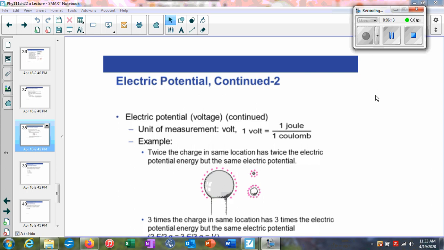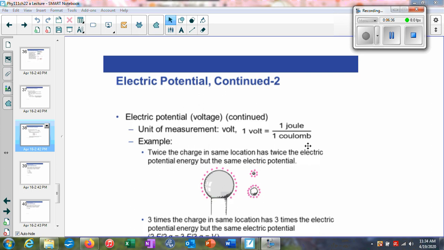So when we look at our units of measurement, 1 volt is equal to 1 joule divided by 1 coulomb. So if I take a 1 coulomb charge and I do 1 joule of work to it, I have given it the potential of 1 volt.